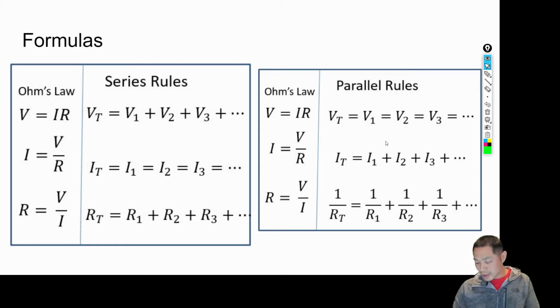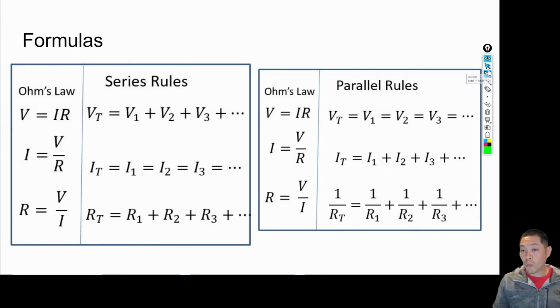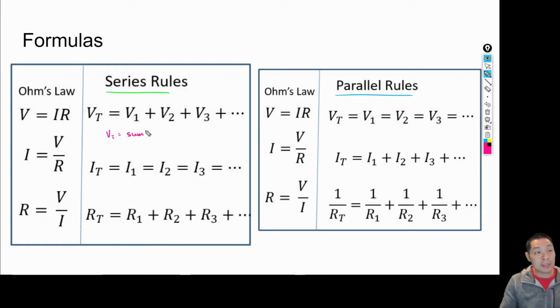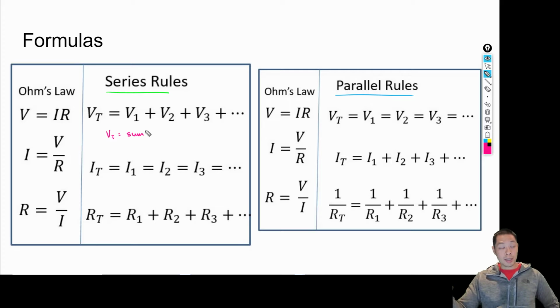Here are some rules that I want you to know. It looks kind of overwhelming at first, but it's actually quite simple. Here are the rules for series, and then here are the rules for parallel. And I'm going to rewrite it so it's a lot less intimidating. For voltage, all this means is that the total voltage is the sum. So you add all the individual voltages at each resistor.